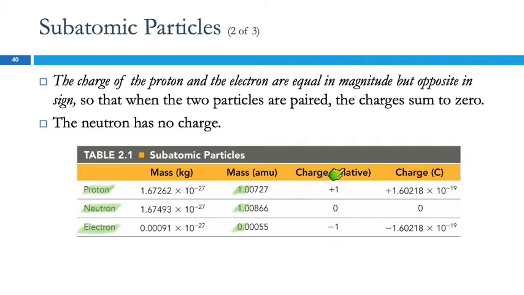And then their relative charges: protons +1, neutron is neutral, electron is -1. These are their actual charges, and these are their masses in kilograms, but don't even try to memorize those. If you need to use them on homework or something, you can just look them up. I don't remember those. If I don't remember something, you shouldn't have to remember it.